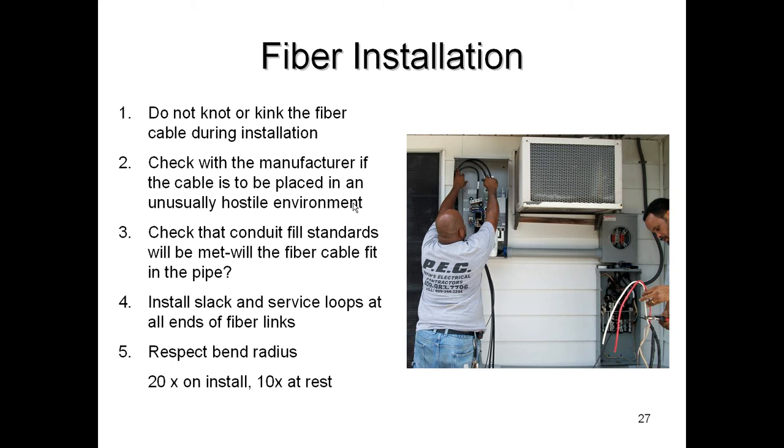It'll be the least expensive thing you ever did to buy the 20% extra, rather than coming up 10 feet short of the building. Wow, got a problem now. So make sure you buy the correct length cable. Make sure you've got the slack and or service loops at each end of a long cable run.